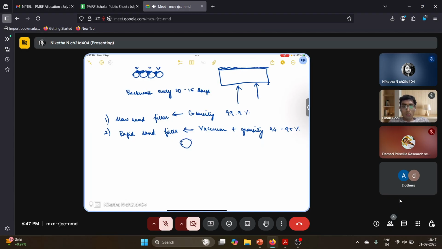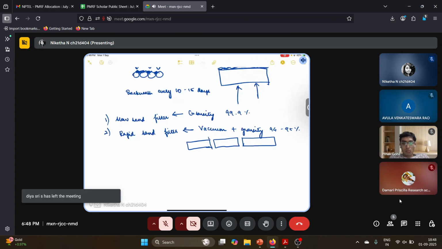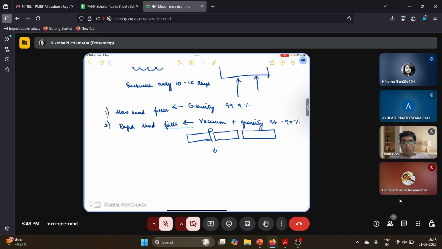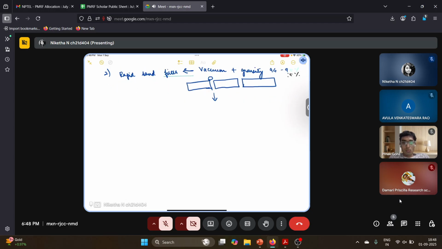So when you have a large force, when you have a filter bed like this, and your water is incoming, and there is a tiny particle like this, because of vacuum force the particle may fall through the pores and come down. So that's why the treating efficiency is not so high in a rapid sand filter.